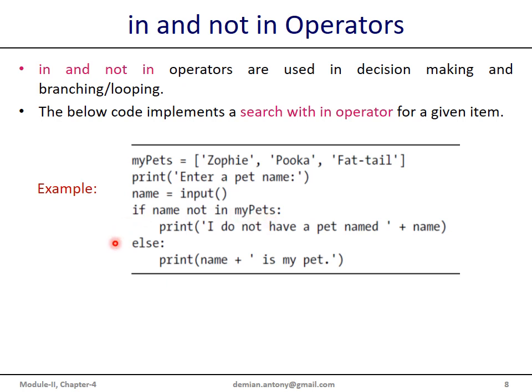If it is present, then we display the pet name saying that he is my pet, and if it is not present, we display that the pet named whatever the supplied name is not present. This is how we can use in and not in operators in decision making to process the list elements as well as the other data structures.